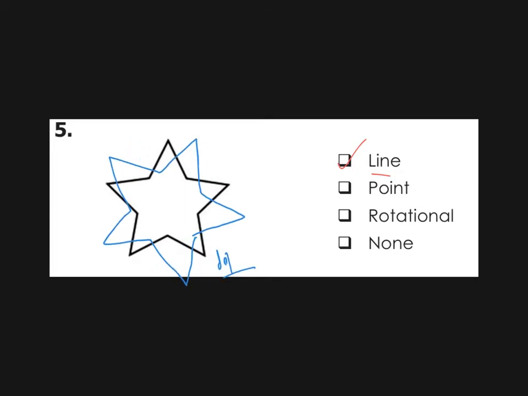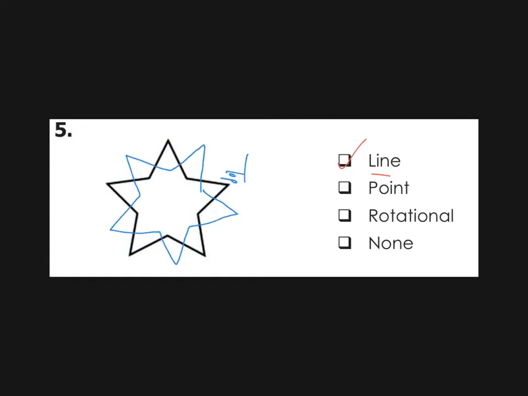But that being said, if I spin it just a little bit less than 180, or even just a little bit less than that, I have some rotational symmetry. So you see, it is possible to have some rotational symmetry without having point symmetry. So we have the rotational.